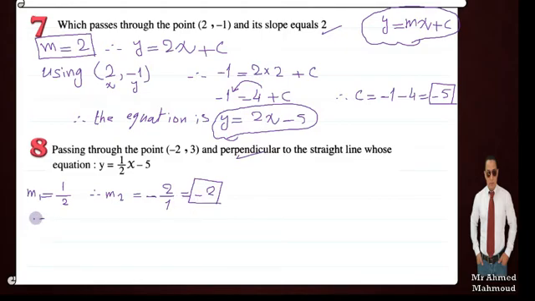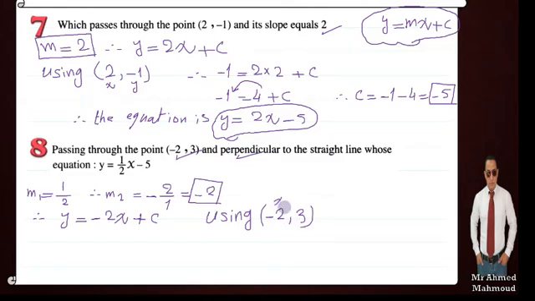Therefore, y equals negative 2x plus c. Okay, negative 2x plus c. Using the point (negative 2, 3). What does it mean? The line passes through negative 2 and 3.